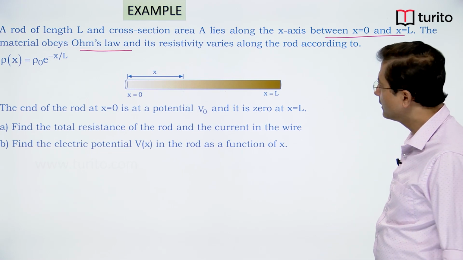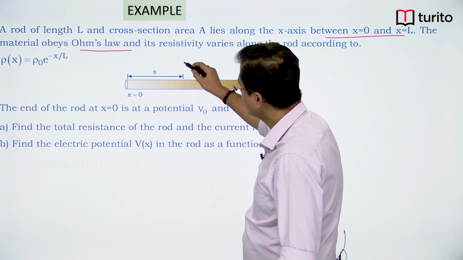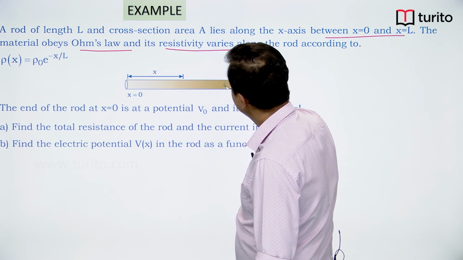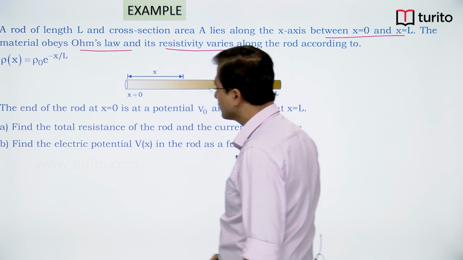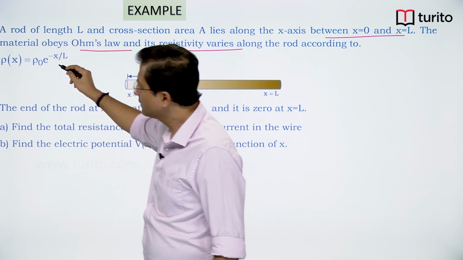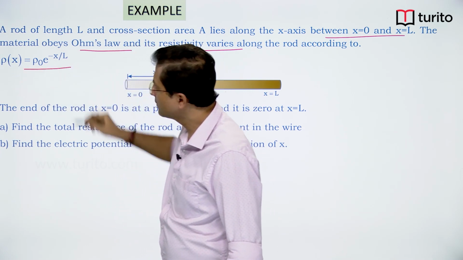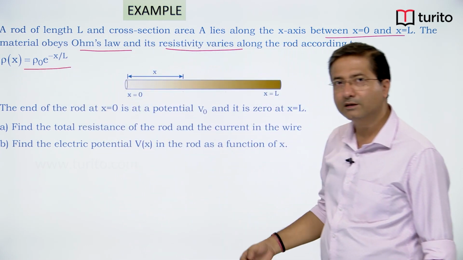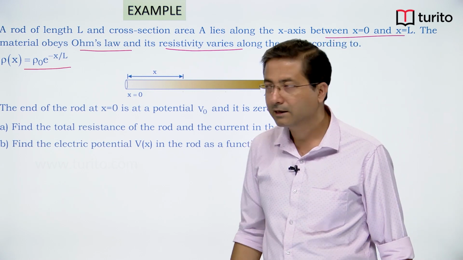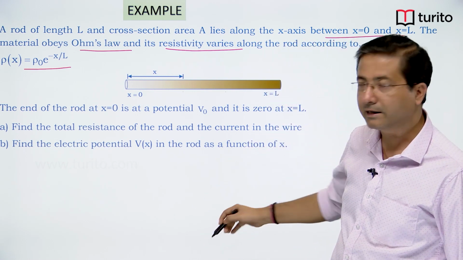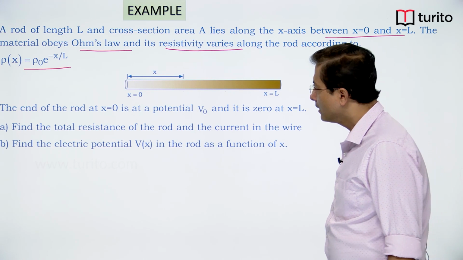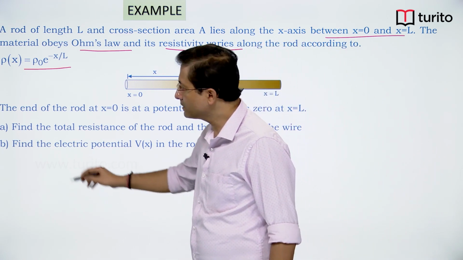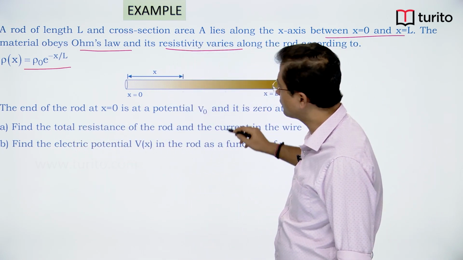Here the resistivity varies according to this expression. In the previous case I took resistivity constant, but in this case resistivity is varying. The question is to find the total resistance of the rod.